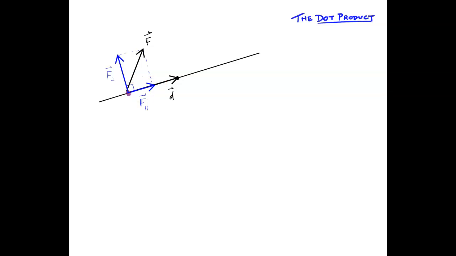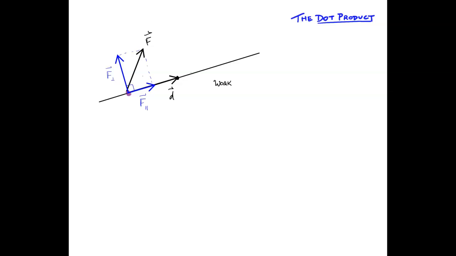And this word work has a technical meaning in physics, with which you may be familiar. And the idea is that the work done by a force in moving a particular object through a particular distance is the product of the amount of force and the distance itself. And when I say the amount of force, I just mean the component of the force in the direction of motion.